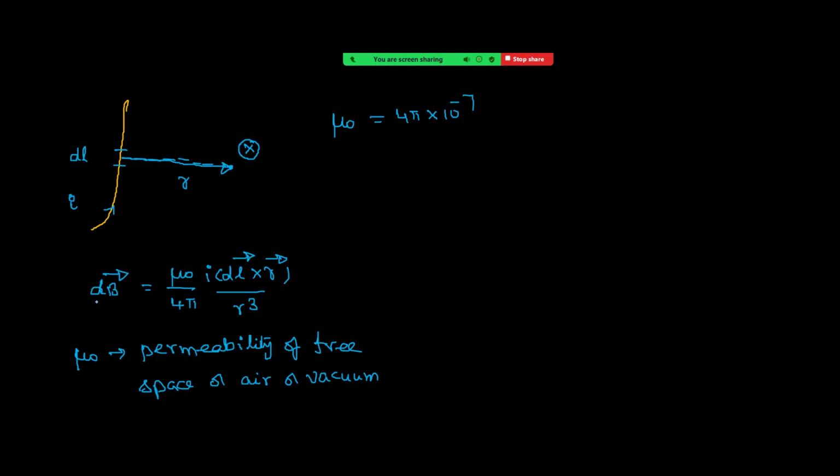Now you can see the units for mu naught. We know that for magnetic field, the unit is Tesla. 4 pi is a constant. dl bar is a length, r bar is also a length, and r cube in the denominator is length cubed. So length and length over length cubed leaves only length here.